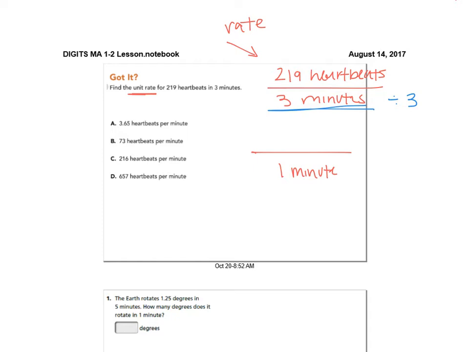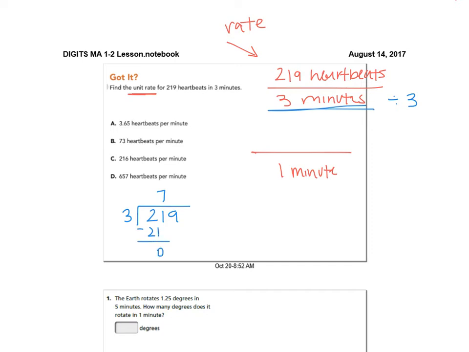So now we need to find 219 divided by 3. So, since we don't have a calculator, we're going to have to do long division. So 219 divided by 3. 3 goes into 21 7 times. 7 times 3 is 21.